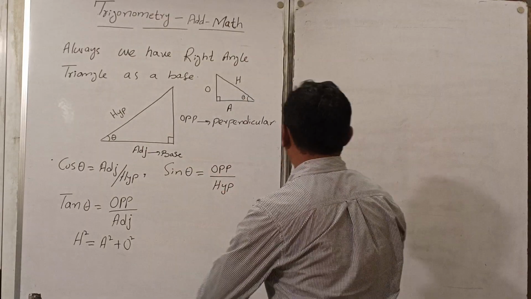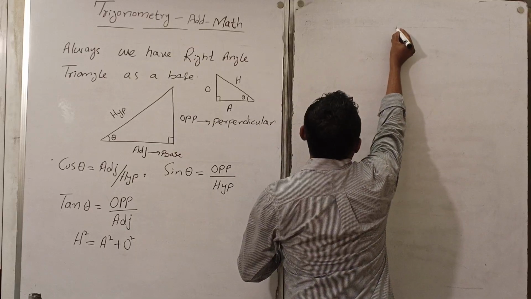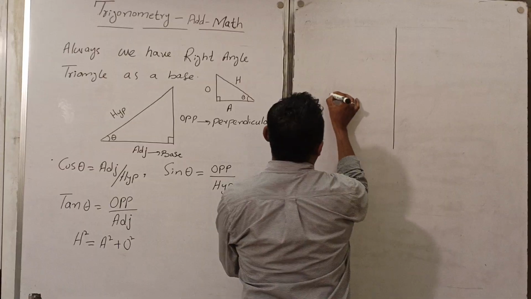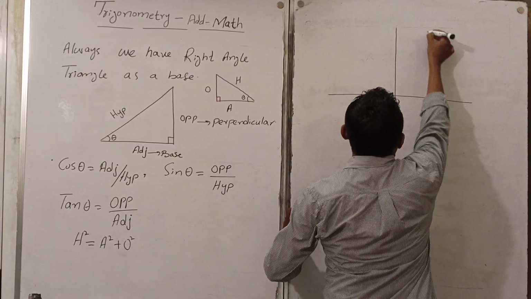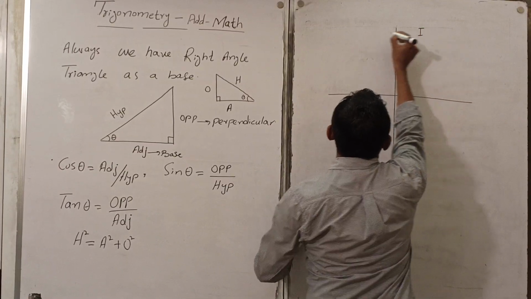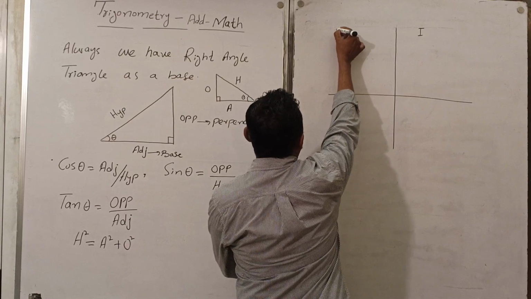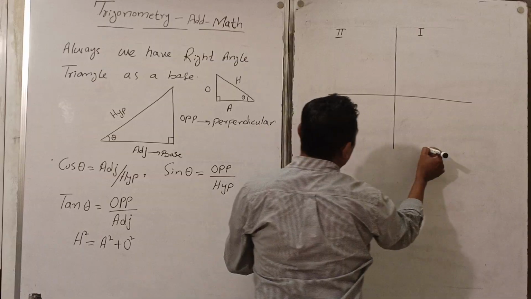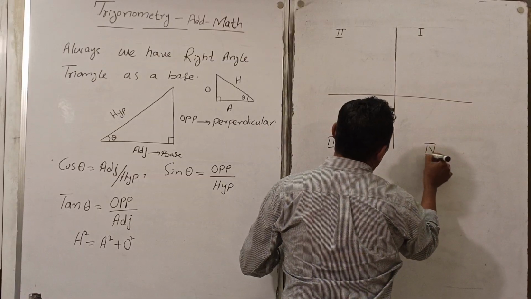Now this is your four quadrants. This is your first quadrant. This one is your second quadrant. This is your third quadrant. And this one is your fourth quadrant.